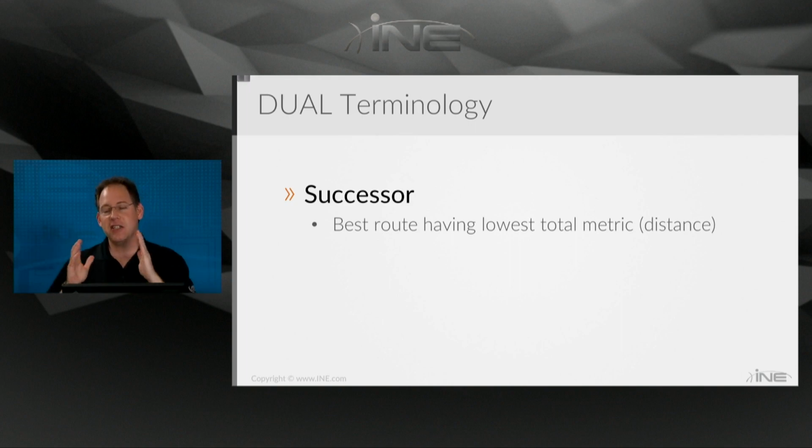Now, let's say that I advertise the 90.90 network to you with an EIGRP distance of 1,000. And all of a sudden, here comes in another neighbor of yours who advertises that exact same network, but with a distance of 500. He's better than me. So you would now use him. His route would be the one and only route in your routing table. He would be considered your successor.